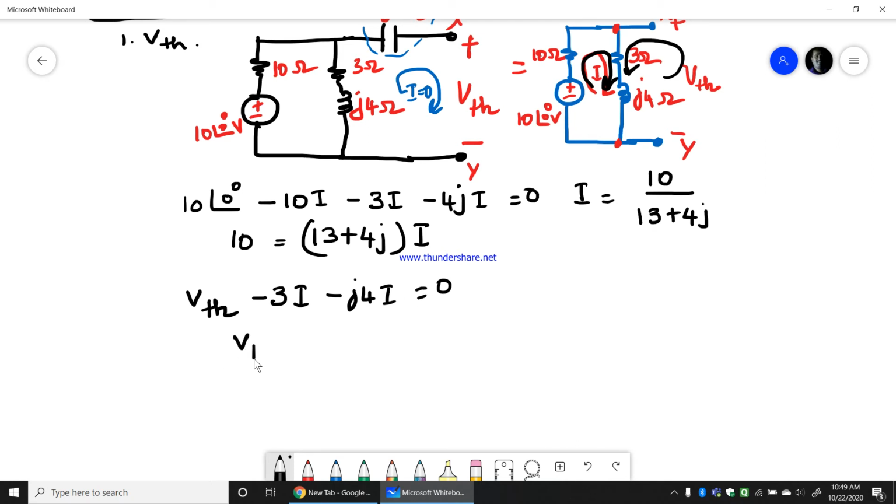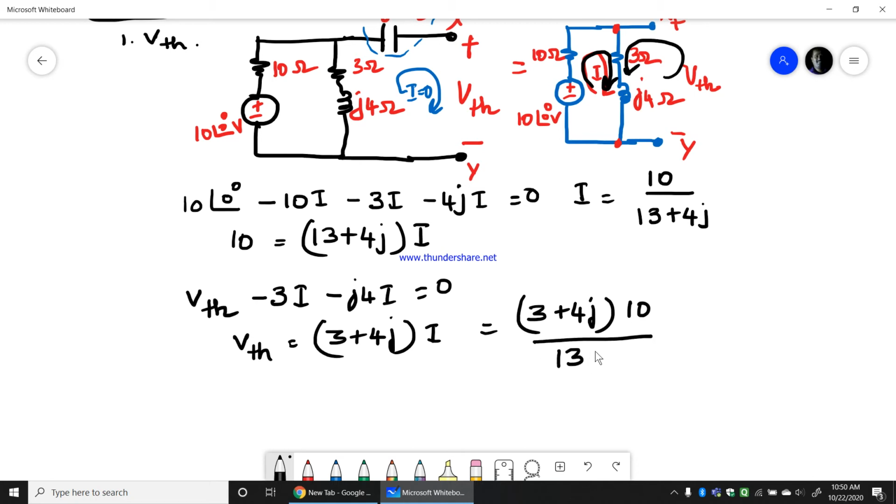Therefore VTH would be equal to 3 plus 4j into I, which is equal to 3 plus 4j into 10 divided by 13 plus 4j. I am just applying the value of I, whatever I have written here, 10 divided by 13 plus 4j. I have substituted that I here.